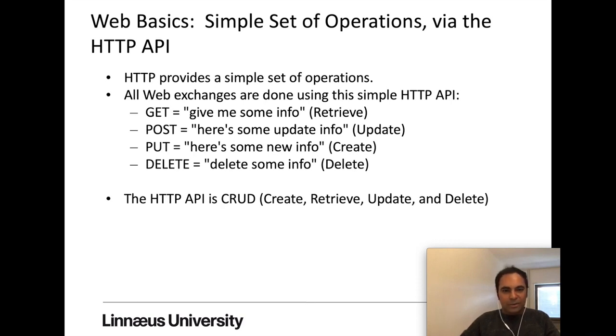For updating or creating new resources we can use either post or put depending on what type of resource it is, and also for deleting or removing a resource from your database, for example, you can use a simple delete method.